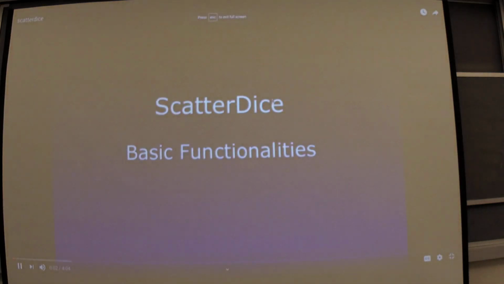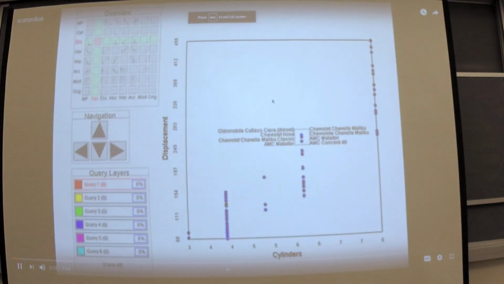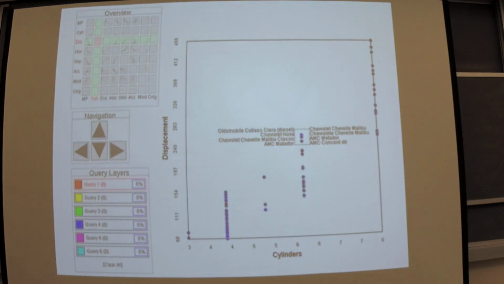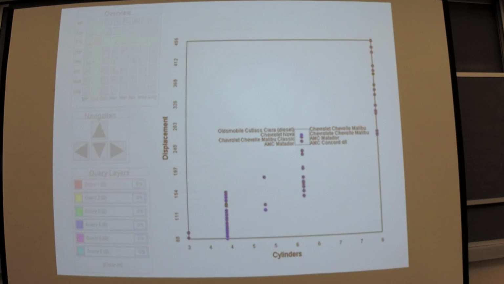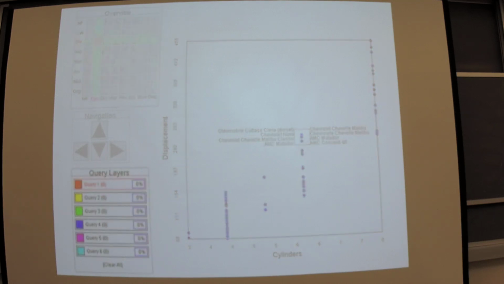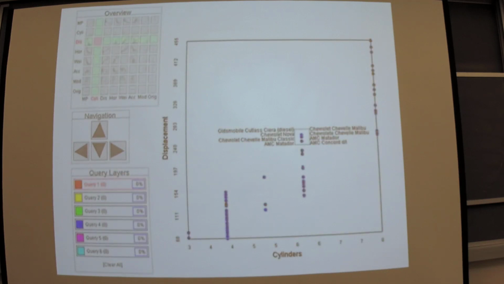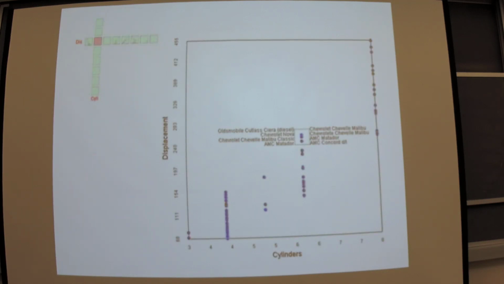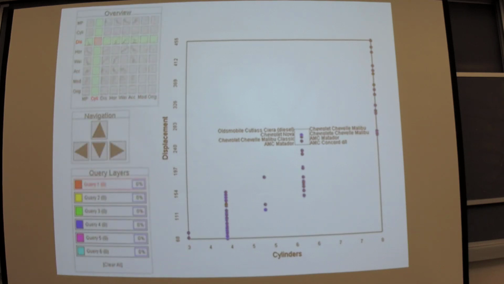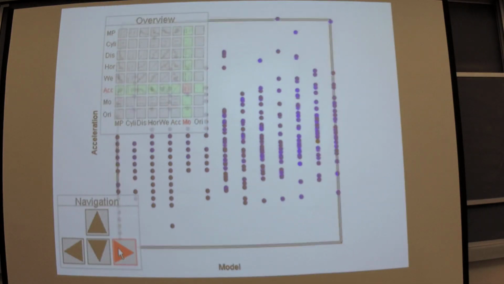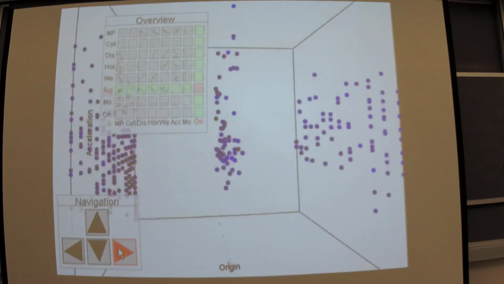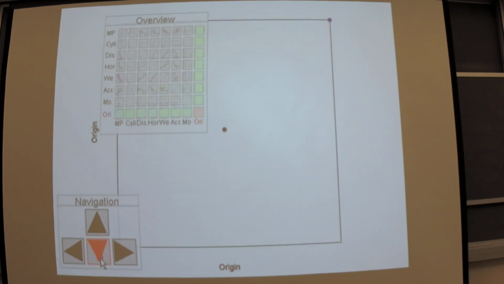The Scatterdice application is a prototype implementation of our Scatterplot Matrix navigation technique. Scatterdice consists of 4 main components: a scatterplot matrix, a query layer control box, and a navigation bar. The main scatterplot visualization shows the current position in the scatterplot matrix. In other words, 2 of the dimensions in the dataset. A set of simple navigation techniques allow for controlling position in the scatterplot matrix. The keyboard of the navigation bar can be used for stepping one position in the matrix at a time.